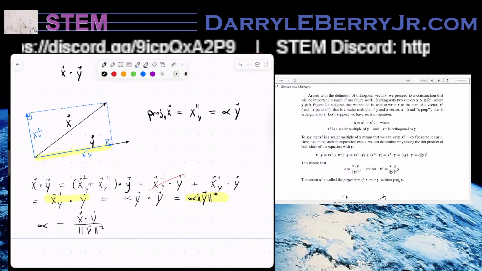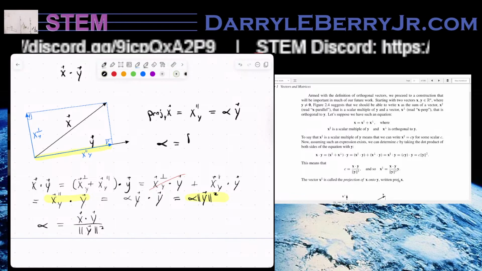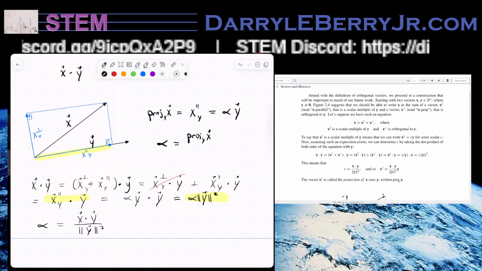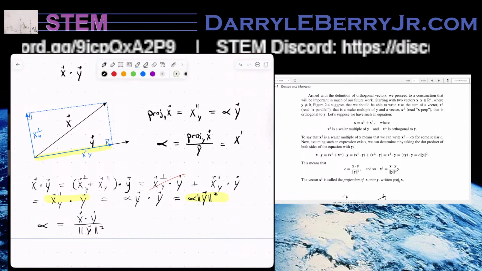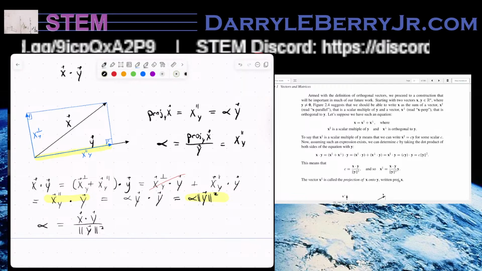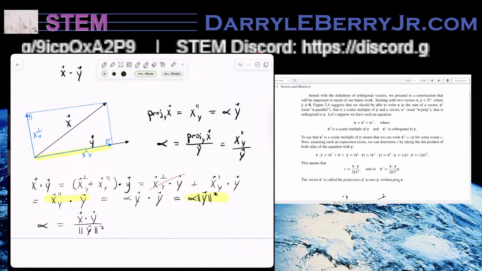So you can say that the scalar equals the projection of y onto x divided by y, or the parallel aspect of y divided by the vector y.